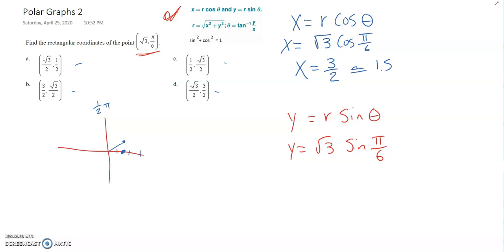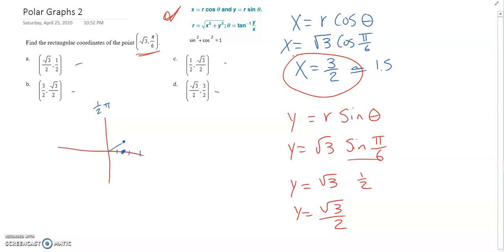We should end up getting the y value at pi over 6 should be 1/2, so square root of 3 over 2. Yeah, I guess I didn't even need a calculator for that. All right, so my x value is 3/2. My y value is square root of 3 over 2. Should be answer choice B on that one.